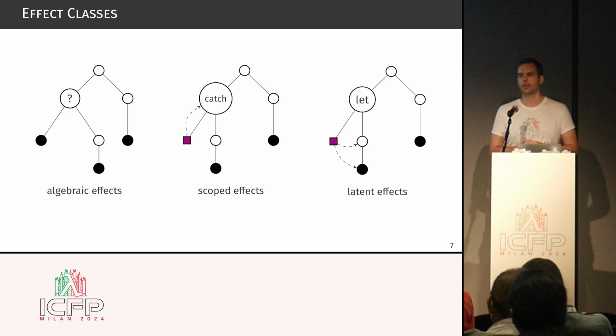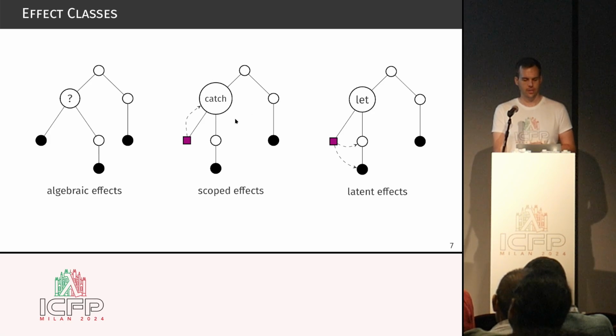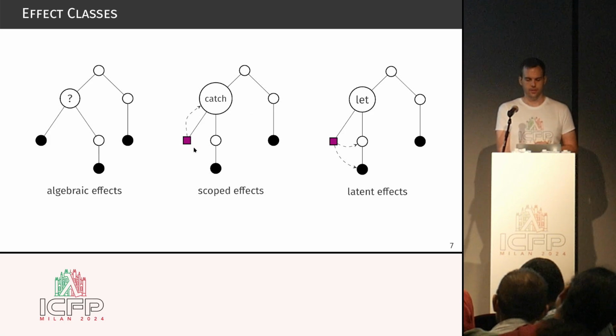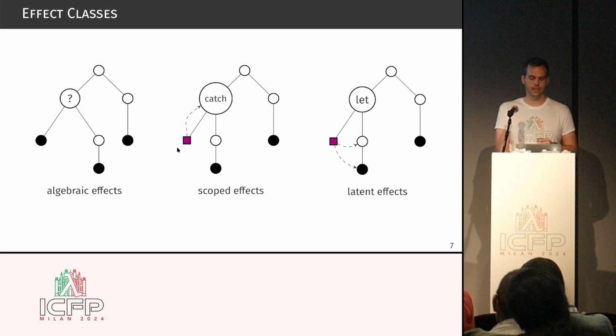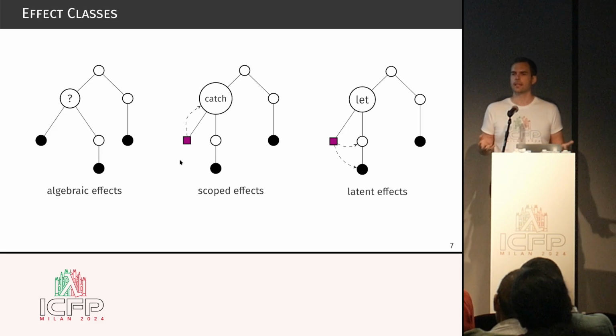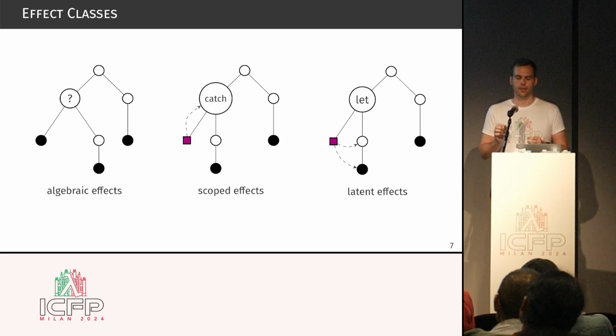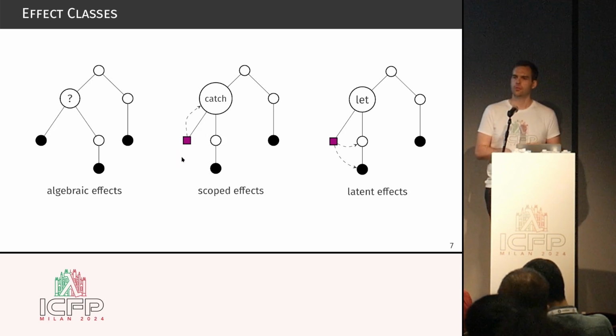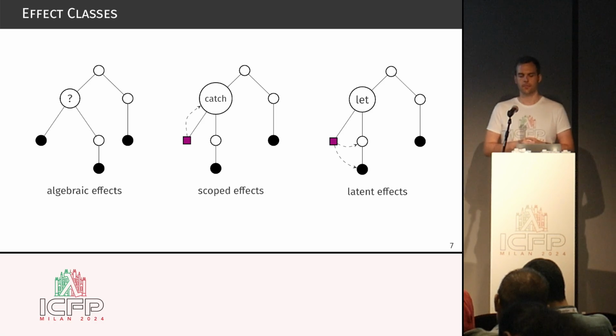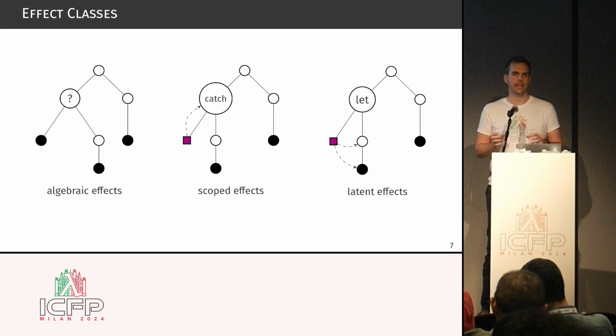I think the most prominent one where it isn't is the error handling effect, where you have this catch node, and we have this box here, which is supposed to be excluded from transformations done on the tree. That's because this part, the box here, is going to flow into the tree through some handler later when the tree is handled.